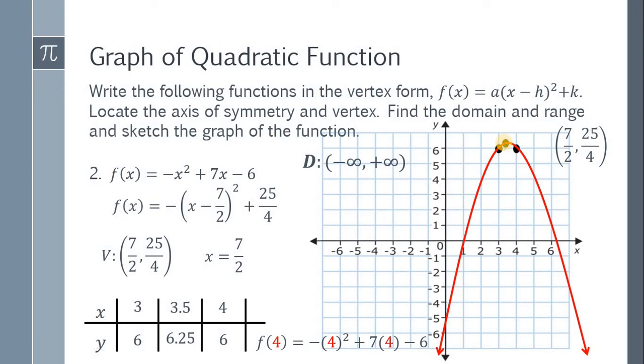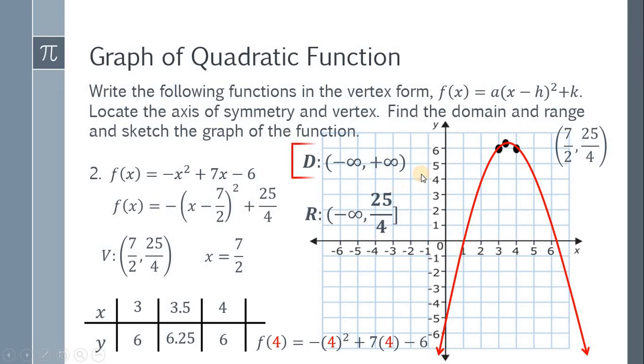Now, in words, yung ating range is the set of all real numbers less than or equal to 25 over 4. But in symbol, na pwede naman natin gamitin, is simply from negative infinity up to 25 over 4 and then bracket. Bakit bracket? Kasi yun ay counted.